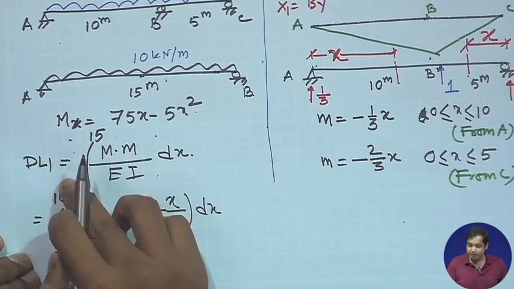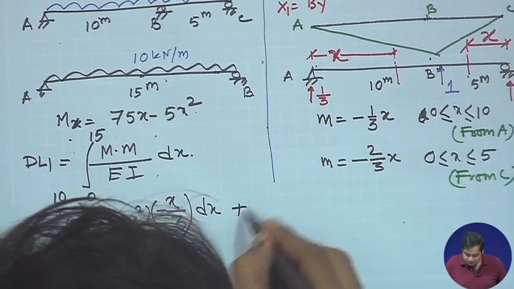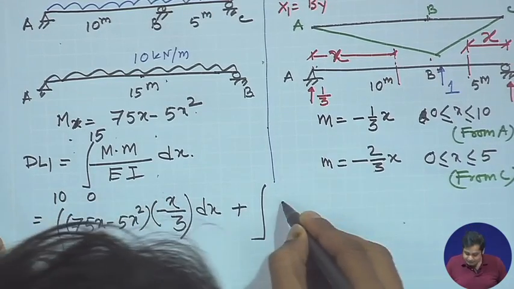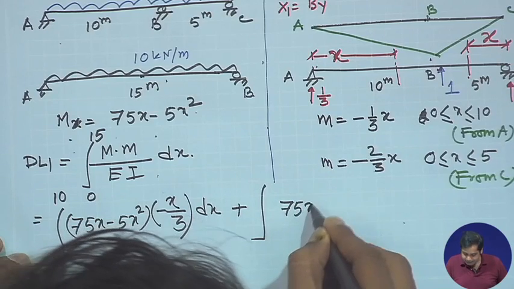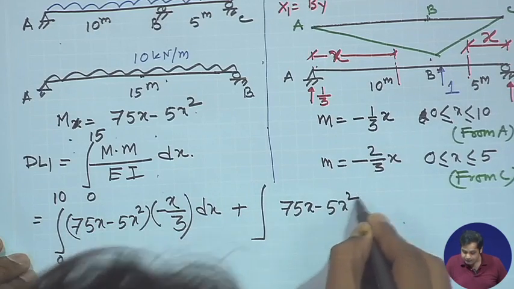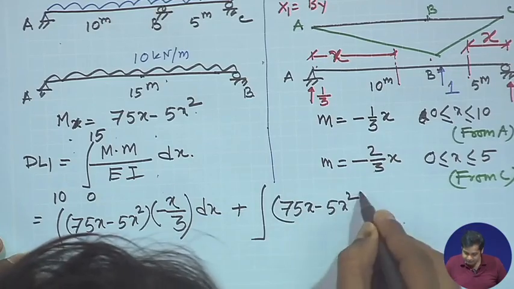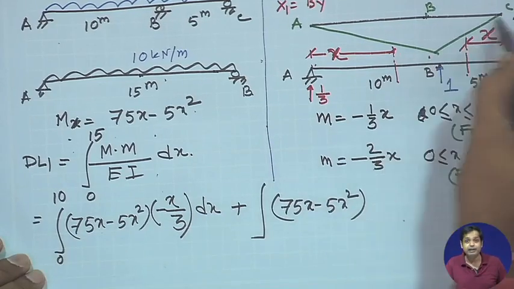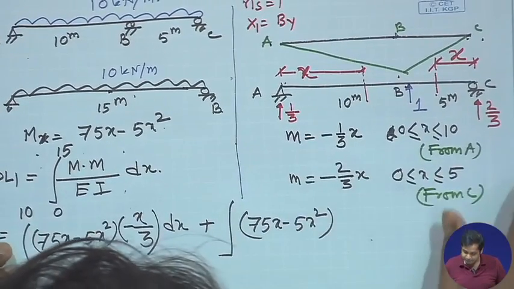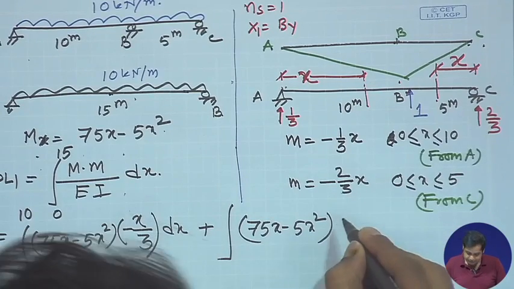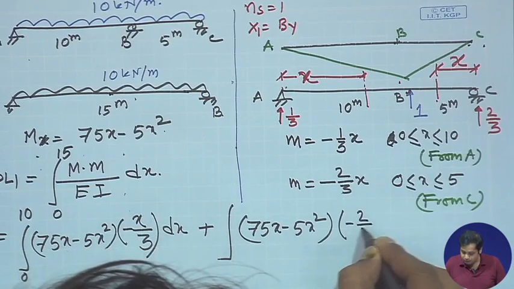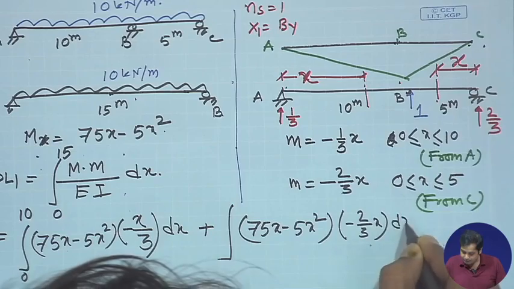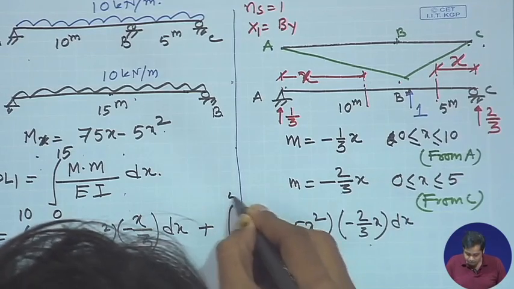Then plus 75 x minus 5 x square between B and C, and then again this is minus 2/3 of x dx, and this is 0 to 5.